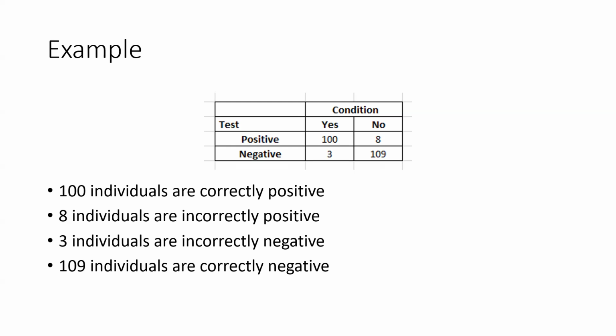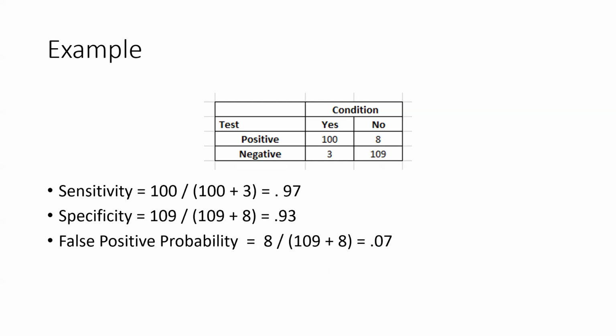They may not have the condition and test positive, and they may not have the condition and test negative. Here's how we would derive the false positive probability, the specificity, and the sensitivity from this particular contingency data.